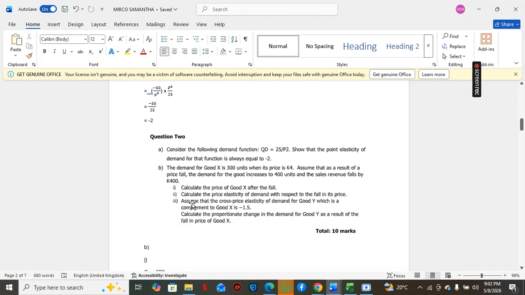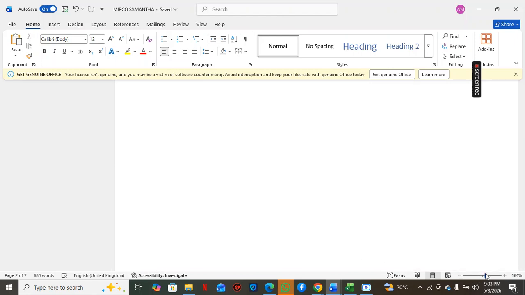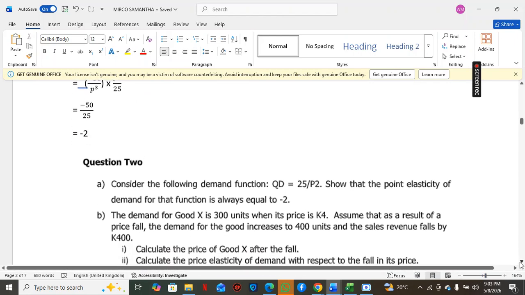Number three, assume that the cross price elasticity of demand for good Y, which is a complement to good X, is negative 1.5. Calculate the proportionate change in the demand for good Y as a result of the fall in the price of good X. Colleagues, this brings us to the other elasticity, cross price elasticity of demand.